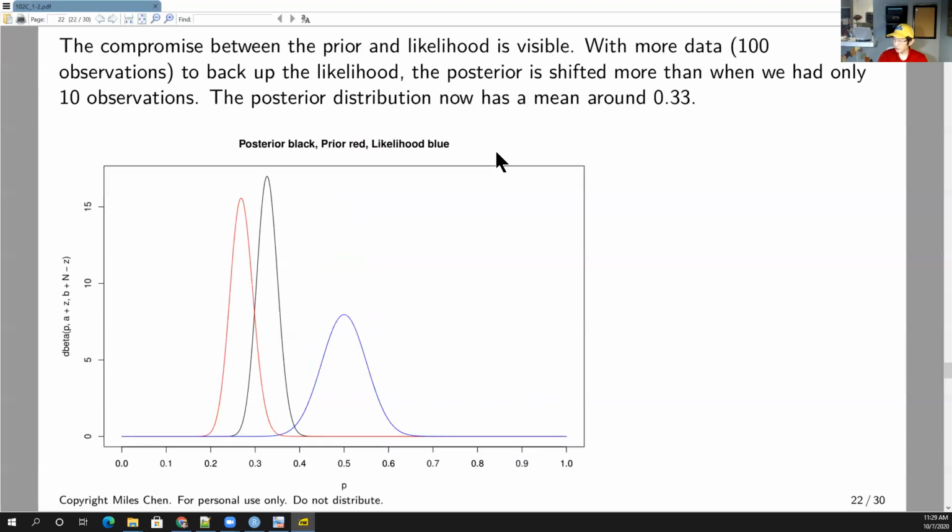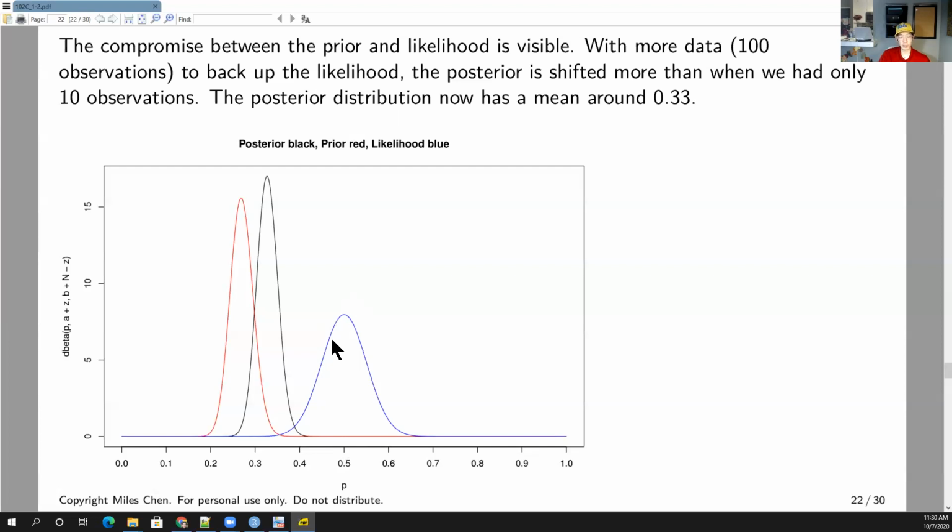If I plot all three together, we can see how the posterior has shifted a lot more. The prior distribution was right here, centered at around 0.27. The likelihood is centered at 0.5, and there's more data to back up this likelihood.